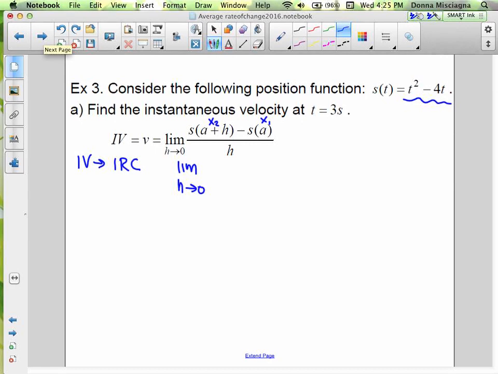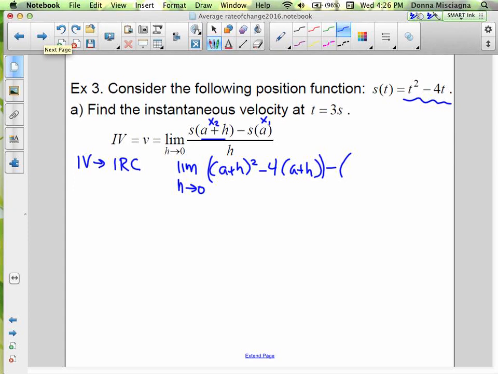All right, so I'm plugging in the a plus h here into t squared. So that's a plus h squared minus 4 times a plus h. Everyone sees that we just plugged that into the function. Minus, and I like to use parentheses because then you don't worry about forgetting to distribute.